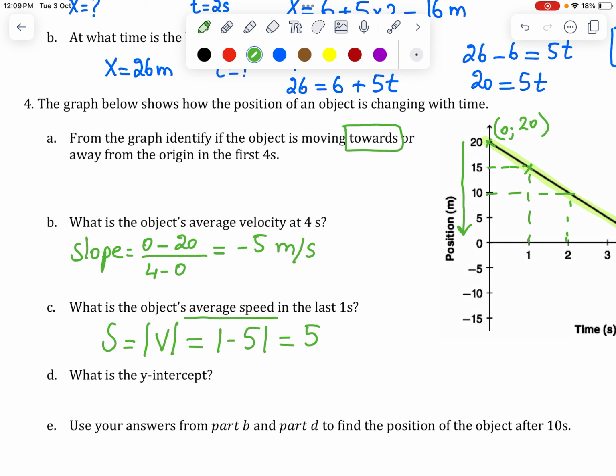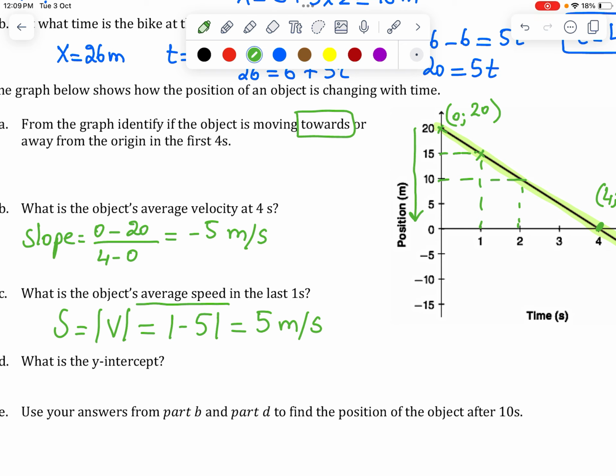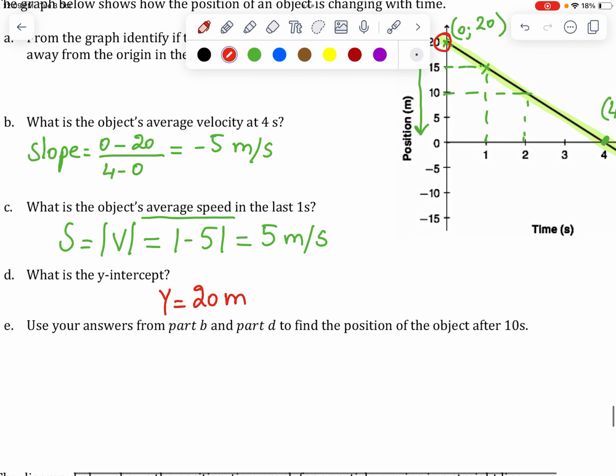Here it is 5 meters per second. What is the y-intercept? Where is the graph touching the y-axis? It is at 20 meters.